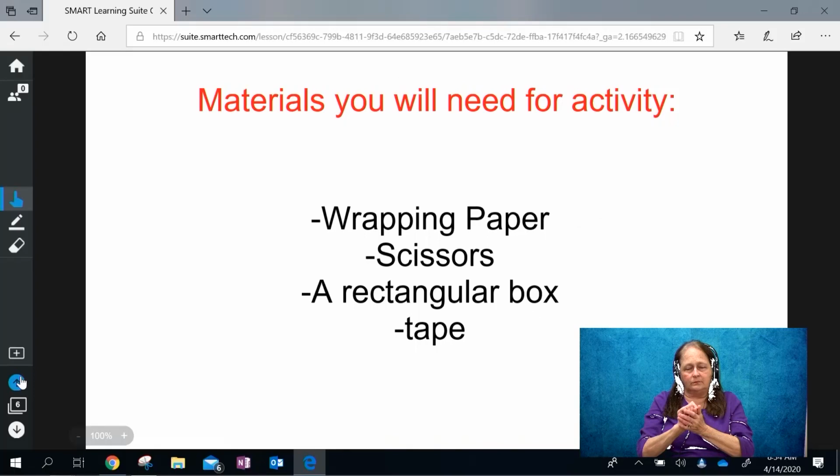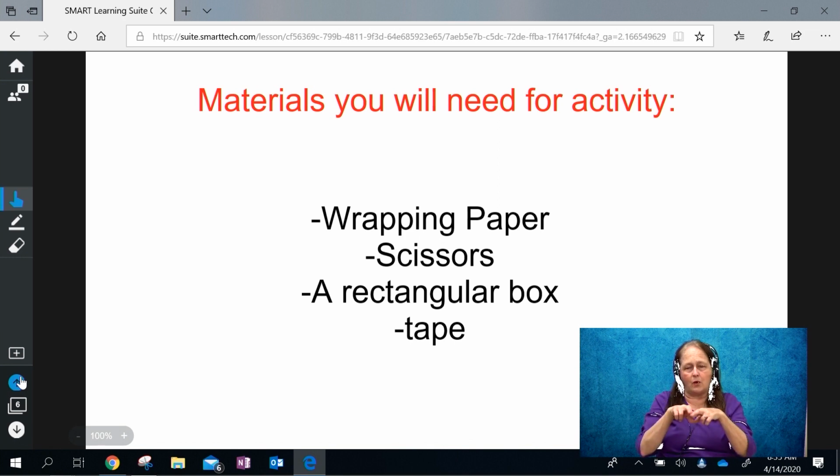Which would be a roll of wrapping paper, scissors, a rectangular box, and tape. Those are the things that you would need to complete this activity. If you don't have those things on hand right now, you can watch this video tomorrow on YouTube, and you might can do this lesson yourself so you can pause the lesson as I'm doing it. It's a really fun activity to show you how to make a net for a rectangular prism.